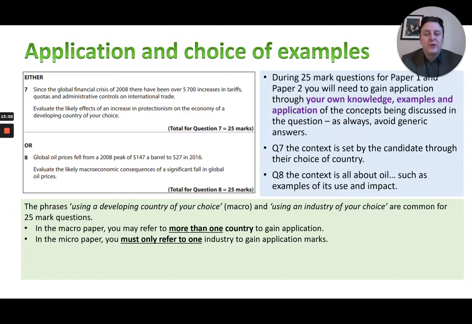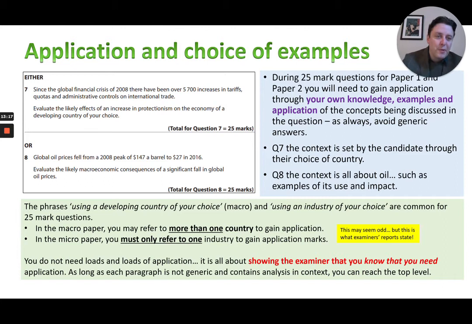So in the macro question, you may focus on more than one country to gain application marks. In the micro question, you must only refer to one industry to gain application marks. This seems a bit odd, that you could refer to more than one country for the macro and only one for the micro, but this is what the examiner reports state.